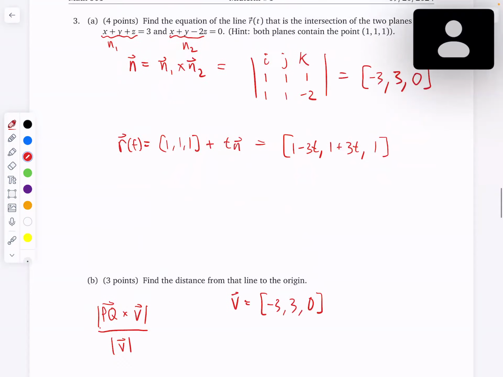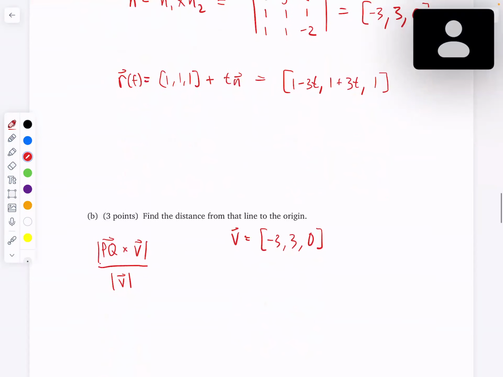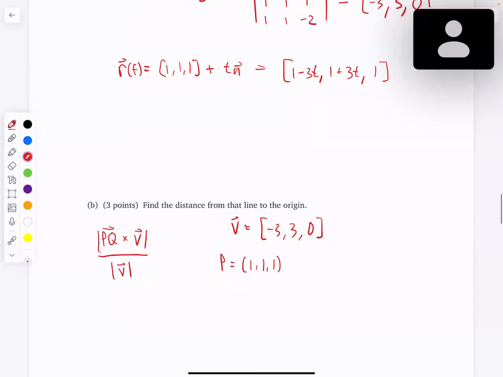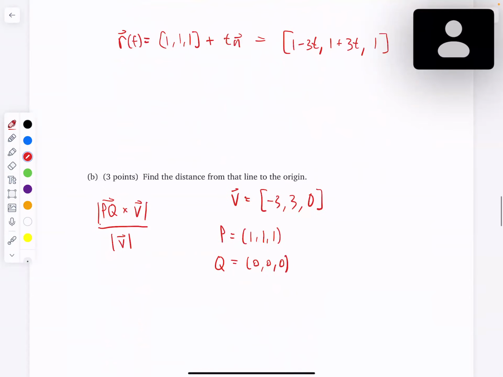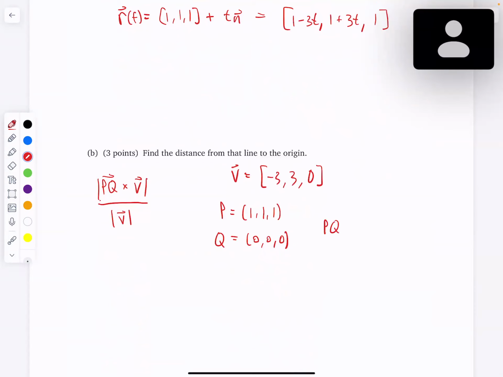P will be the point (1, 1, 1), a point on our line. And then Q is the point we want the distance from, so Q is (0, 0, 0). And so PQ will be (-1, -1, -1).